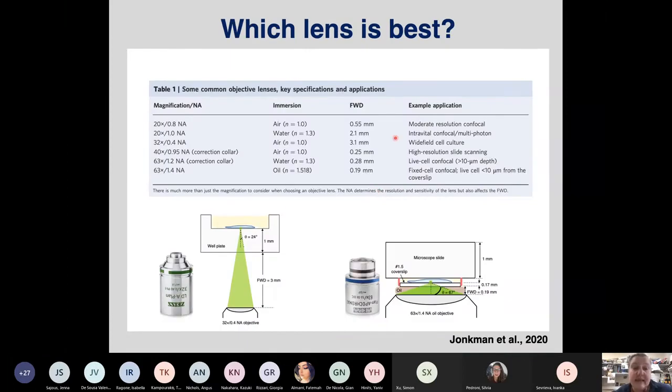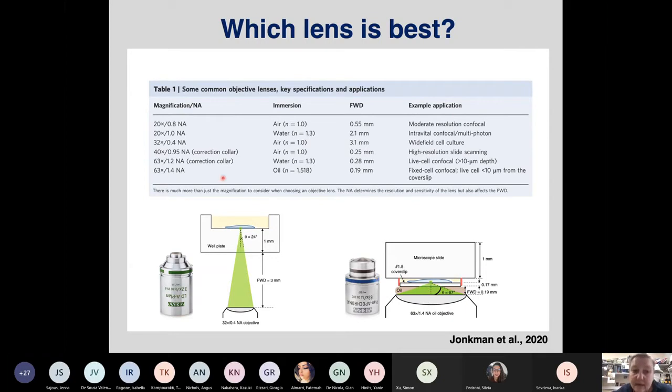Which lens is best? That depends on what kind of samples you are looking at. Are you looking at things in a plastic dish, where you have a fat plate to go through, or are you looking at samples with a coverslip, where you will be able to approach closely with your lens with an oil immersion objective?